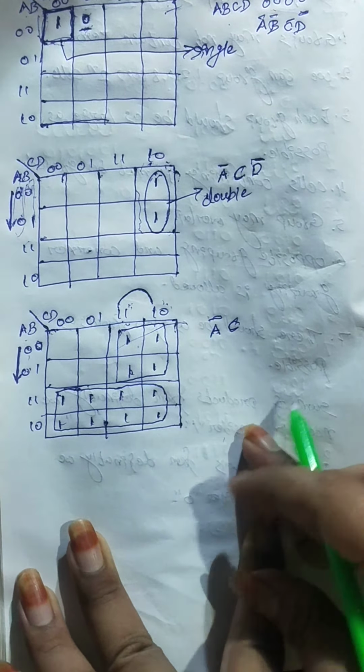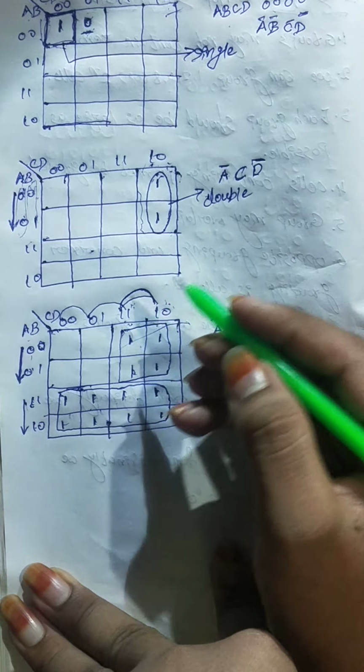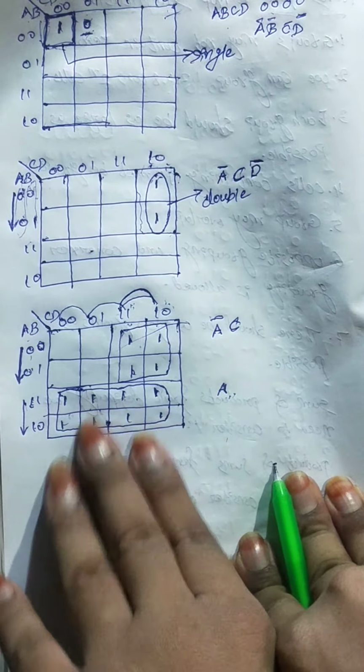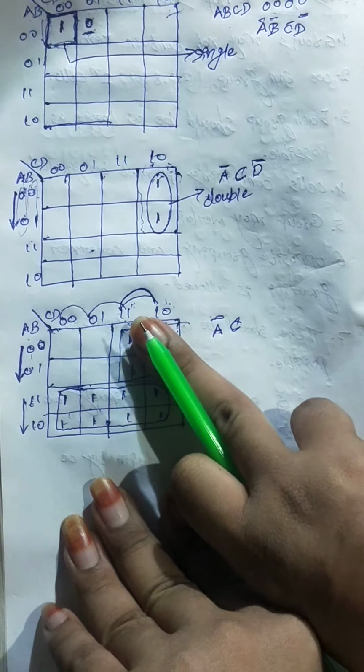Here we take A, and here all cells are filled with ones, and the other variables cannot be taken. Why? Because in every cell the value changes from one value to another value. Therefore the value of those variables does not exist.